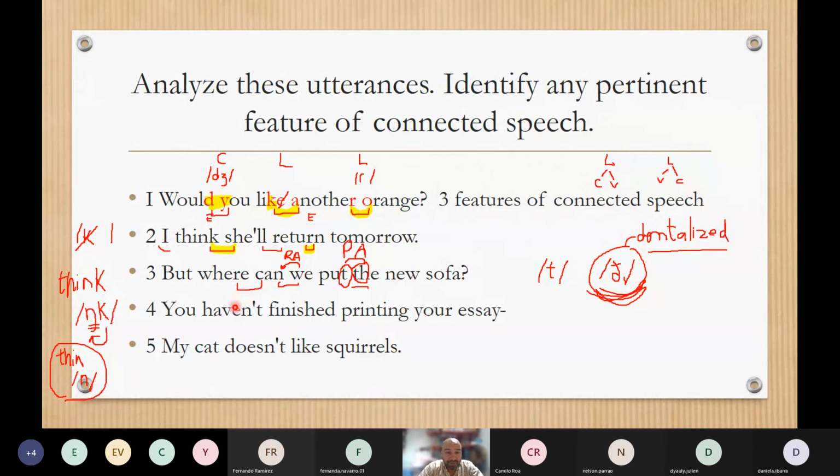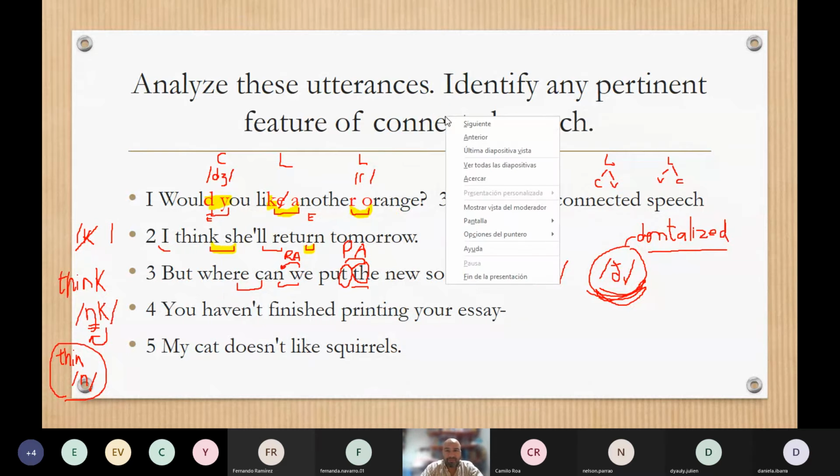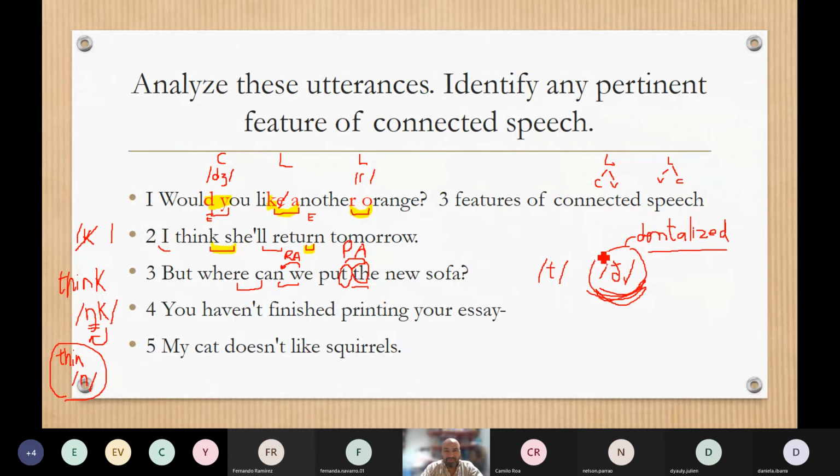We're going to finish very quickly with these 2 lines. I know we have probably 2 or 3 minutes. You haven't finished printing your essay. I want you to pay attention to this section, this one and this one.